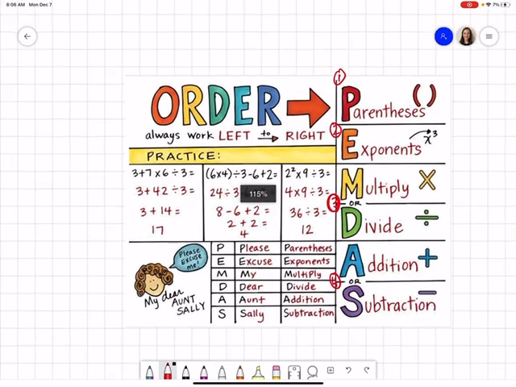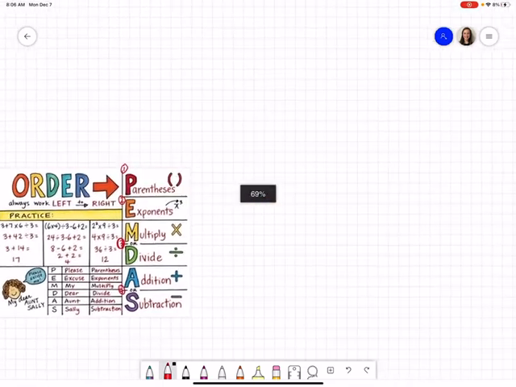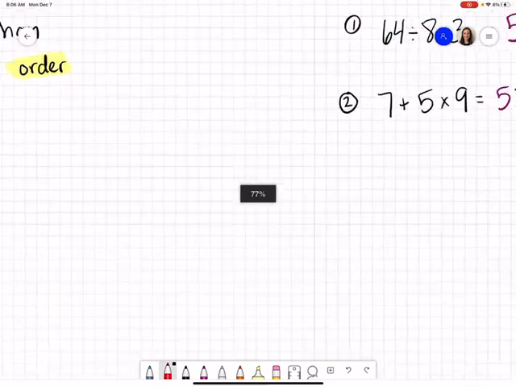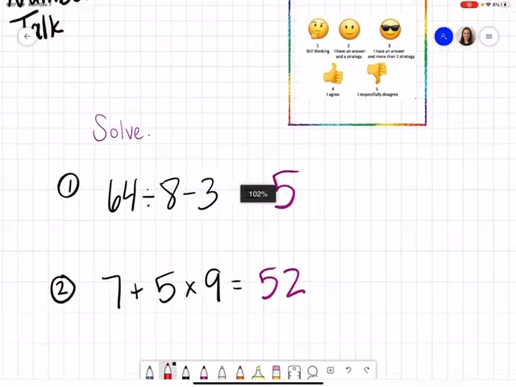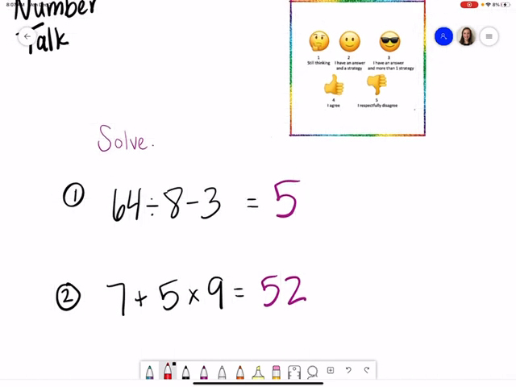So if we were to apply this to what we did before, I'm going to put it right here: please excuse my dear Aunt Sally, parentheses, exponents, multiplication, division, addition, and subtraction. I need to start off with what here? Which one comes first, division or subtraction?